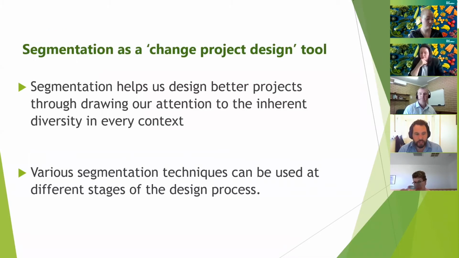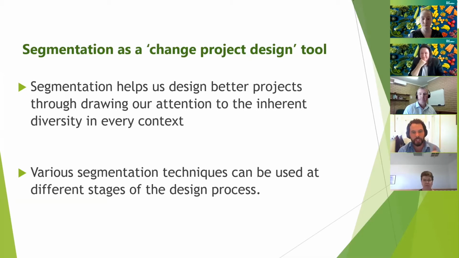So, as I said, segmentation helps us design better projects because it draws our attention to the inherent diversity in every context. Now, as humans, we have a natural capacity to simplify, and it's an adaptive mechanism that serves us really well. Where it doesn't help us is when things get a little bit complex. Problems don't lend themselves to simple solutions. And a little tip is that anything to do with human beings will never lend itself to a simple solution. So that's where we've got to do a double take on our simplifying tools.